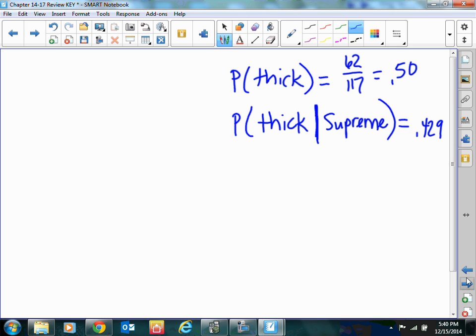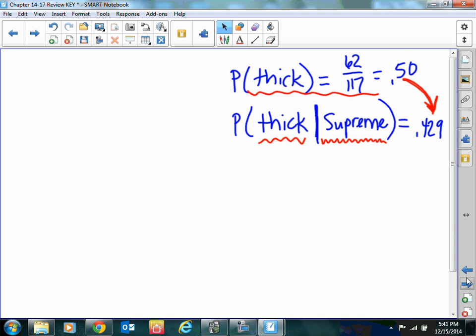So here is how you summarize that. Given that you have a supreme type pizza, you are less likely to have chosen a thick crust than thick crust overall. I'm going to say that one more time. Given that, this is where you start.